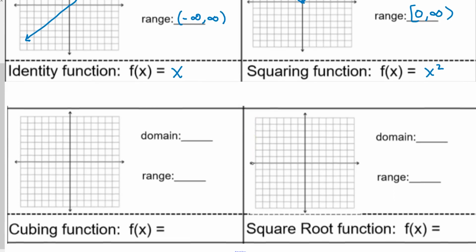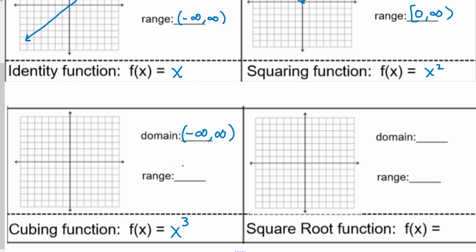Okay, the next basic function, and I know I'm kind of going through this fast, so please feel free to pause anytime you need to. The next one is being called the cubing function. That would be f of x, or y equals x cubed. And so you can cube any real number, so the domain is going to be negative infinity to infinity. And when you cube a negative number, you get a negative, like negative 2 cubed is negative 8. When you cube a positive number, you get a positive, like 2 cubed is 8.